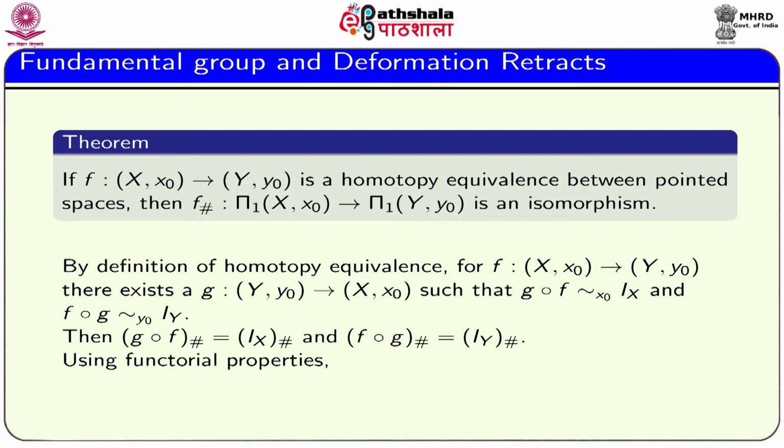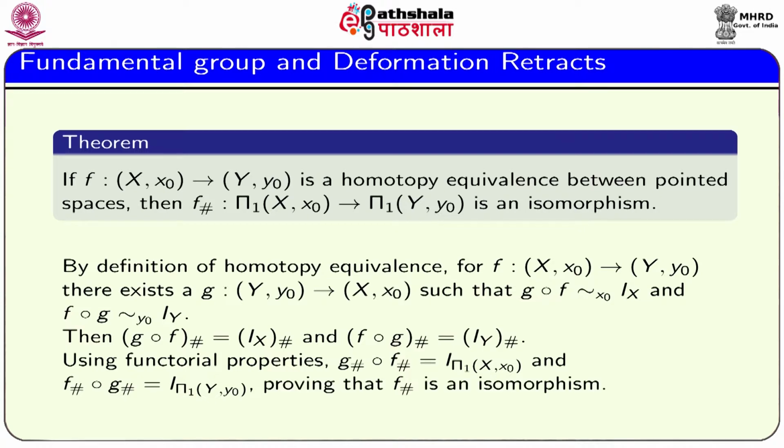Using functorial properties, we then have that g sharp composed f sharp is equal to the identity on the fundamental group of X, and f sharp composed g sharp is equal to the identity on the fundamental group of Y. So this proves that g sharp and f sharp are inverse of each other, thereby proving that f sharp is an isomorphism.